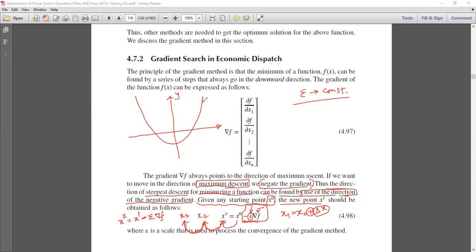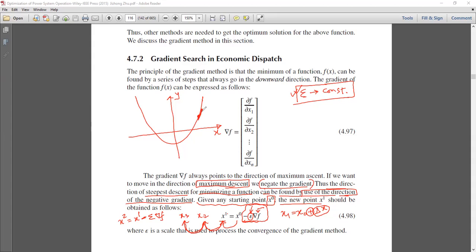So let's go with one of the ways where we treat epsilon, the learning parameter, as a constant. Then del f, remember, for a single variable function again, because multivariable is difficult to plot here, so I'm always taking help of single variable functions. Let's say I'm calculating the slope here, which is positive.